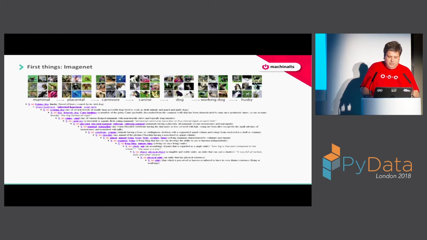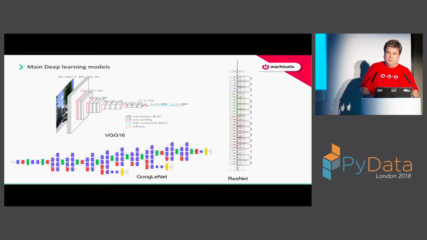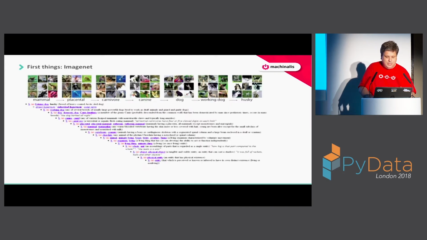In 2012, one important step was taken to advance the field of computer vision. What is it? The ImageNet data set. It has like 12 million images classified by type, with a classification tree inside it. It was really challenging at that time to train a model against the data sets.